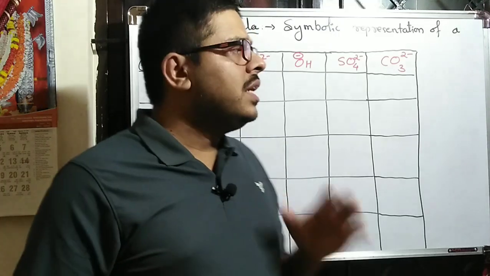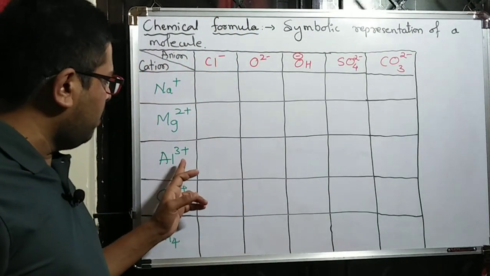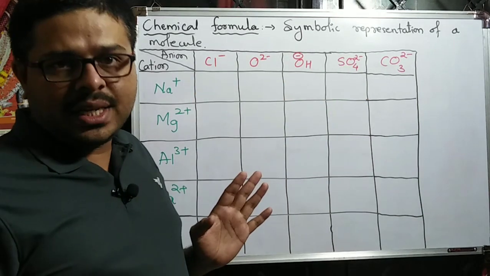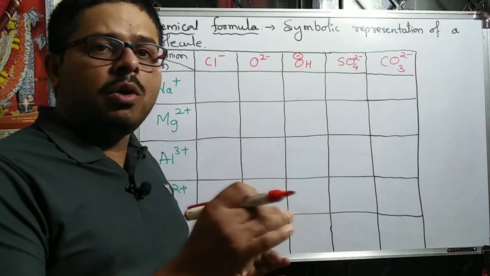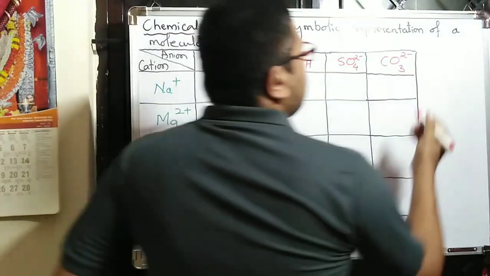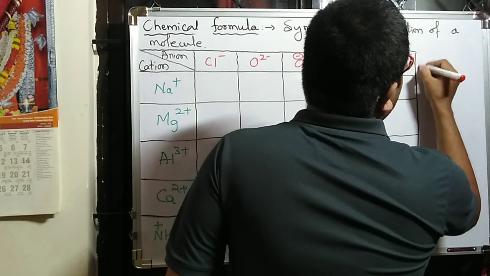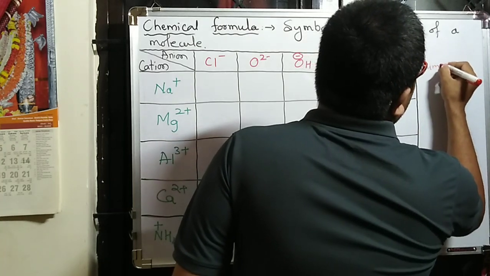So now, first we will see, if the name is given as aluminum sulfate, then how to write the formula? See, aluminum is Al3+, right? Sulfate means SO4 2-. These things we have to know first.